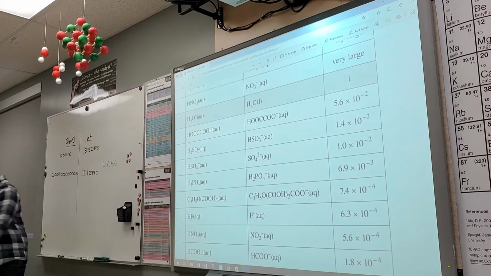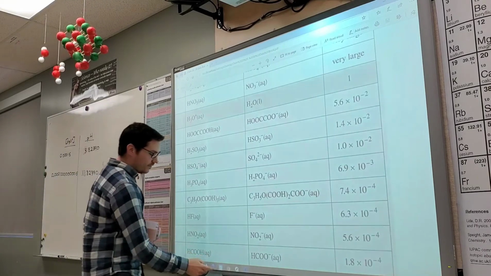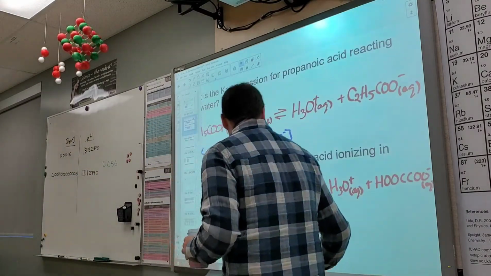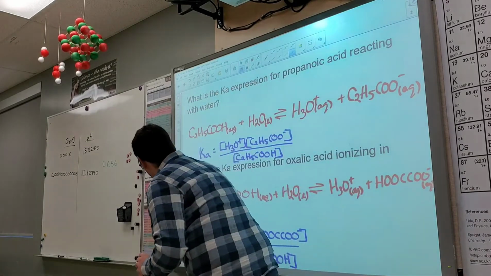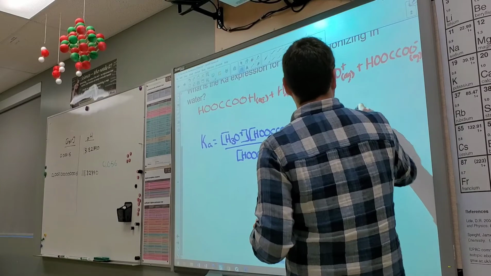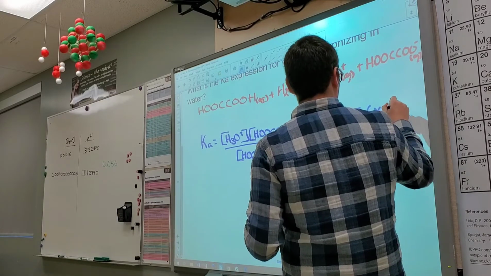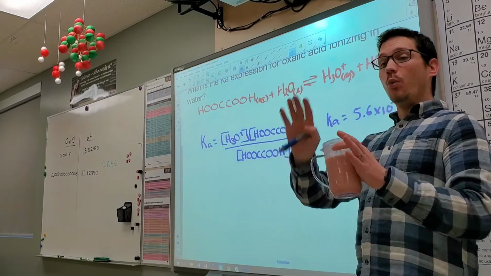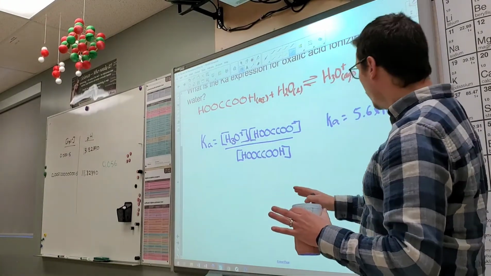So let's think about this. If the Ka for this reaction is 5.6 times 10 to the negative 2, I'm curious, what are we going to have more of? Once equilibrium is established, what are we going to have more of?